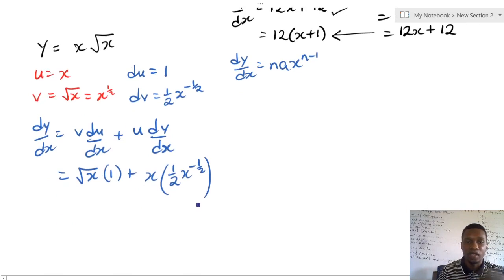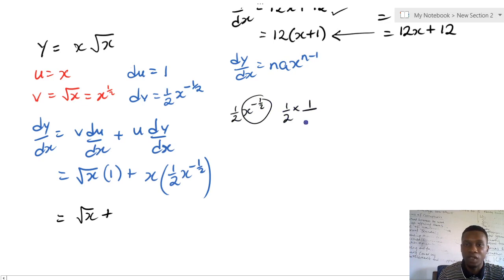Now let's solve this. When root x multiplies 1, we still have root x, plus, what happens here? I can transform 1 over 2 x to the power minus 1 over 2 to become 1 over 2 multiplying 1 over root x, because I know that it will be 1 over x to the power 1 over 2, and x to the power 1 over 2 still gives us root x.